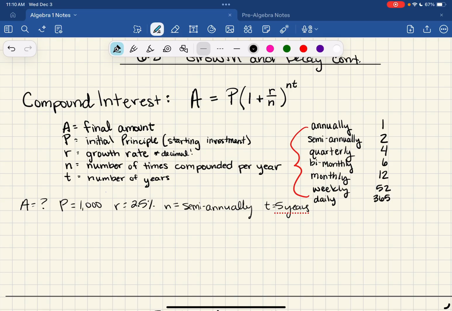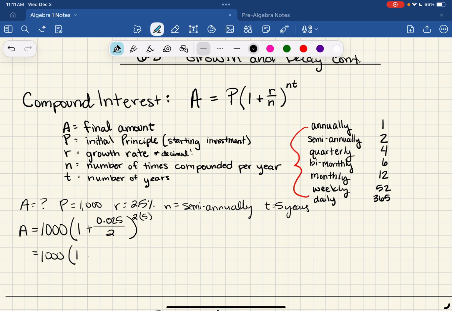So let's just plug it in. My equation is A equals P. What is my original principal? 1,000 times 1 plus, what's my rate? 0.025 divided by n. We said our n was 2, to the n, which again was 2, times t, which was 5. All right, let's start simplifying, that way we can type a nice, easier equation into our calculator.